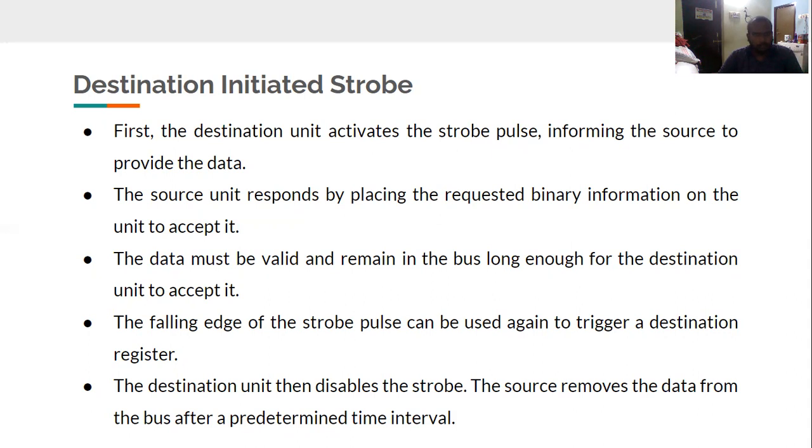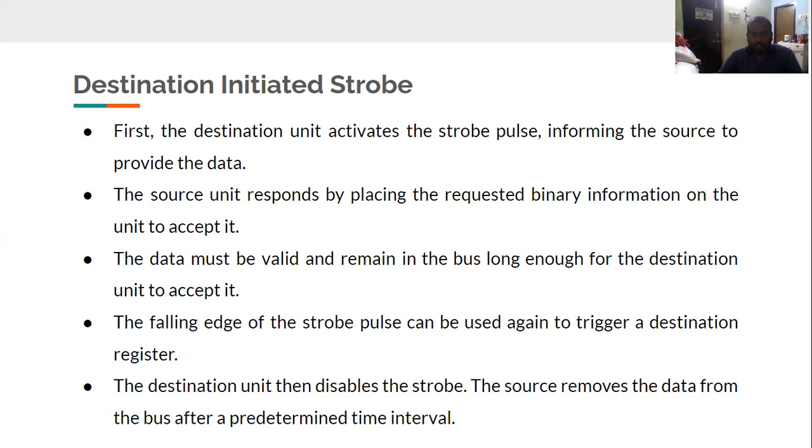So the source unit has responded and placed the requested binary information on the bus. The data must be valid and remain in the bus long enough for the destination unit to accept it.